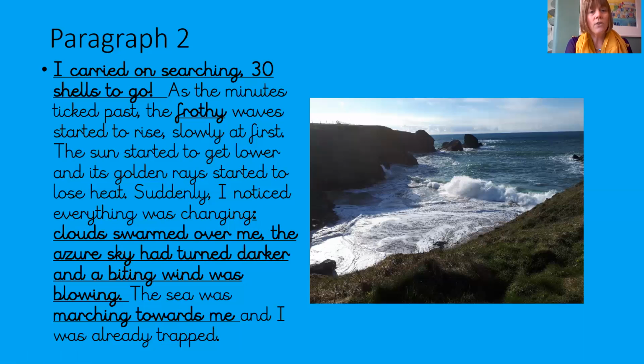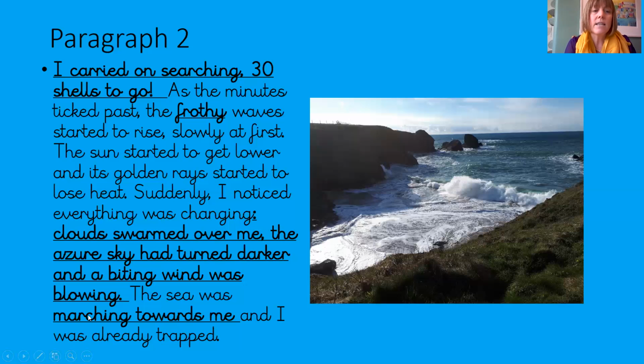However, the colon then introduces a list of 3: "Clouds swarmed over me, the azure sky had turned darker, and a biting wind was blowing." So those 3 changes really help the reader recognise that something is happening, that it's starting to become a dangerous place. Those swarming clouds covering Cherry, the sky turning darker, and that biting wind starting blowing.